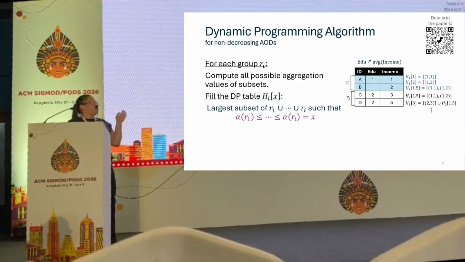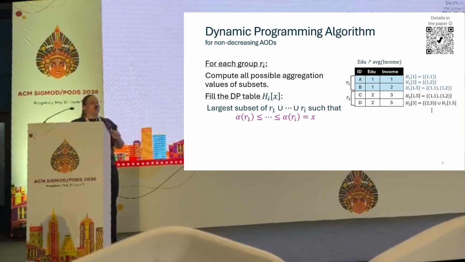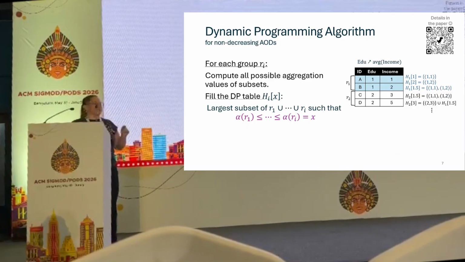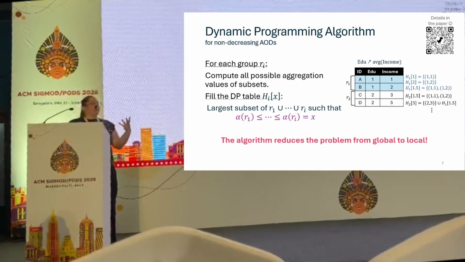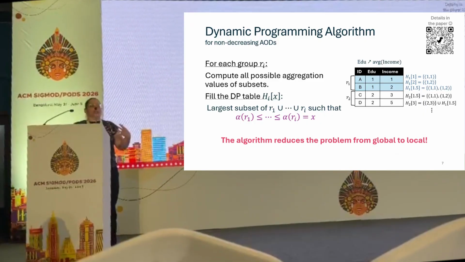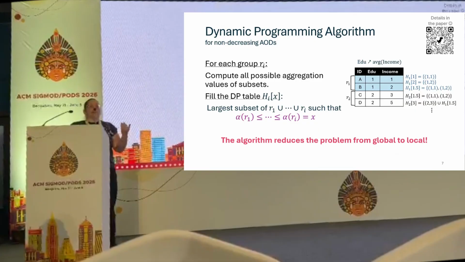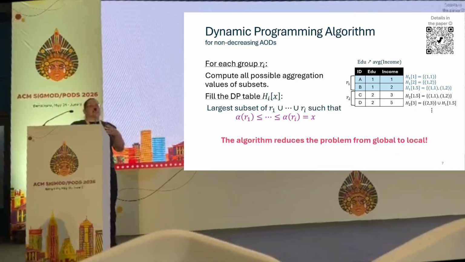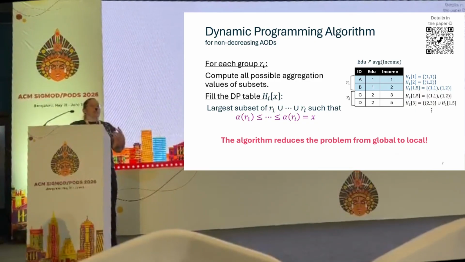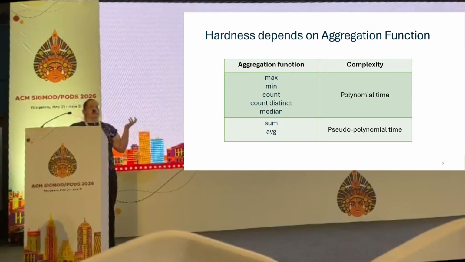We want the trend to hold for that prefix, and for the last aggregation value to be exactly x. And what this algorithm does is actually to reduce the problem from global, searching a subset to satisfy the entire trend from the entire database, to local, searching a subset of specific groups to satisfy a specific aggregation value. And this yields the following result.